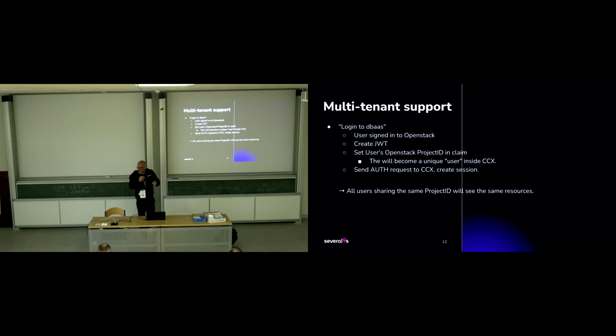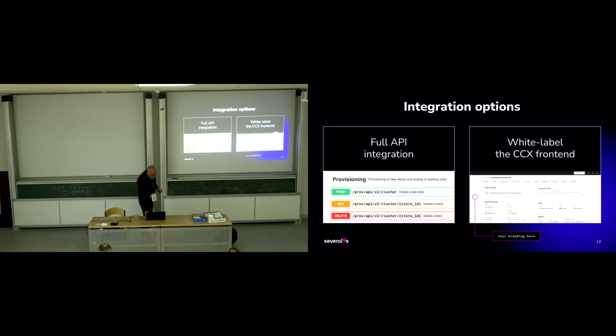When you click on that DBaaS button, you will put together a JWT and set the project ID of the OpenStack project, for example, in that JWT. Then you will send a login request to the backend, and we'll create a synthetic user with that project ID as the user ID, right? So everyone that logs in with this project ID will see the same data stores that have been deployed. So that's how multi-tenancy is supported.